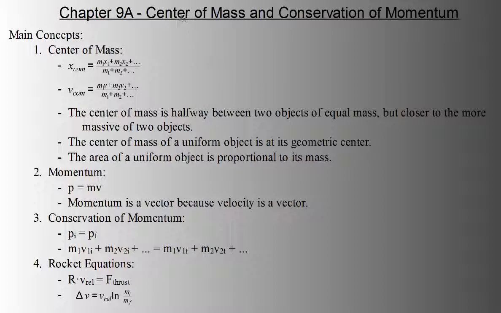9A talks about center of mass, which is really the first main concept, and conservation of momentum, which is the second and third concepts. There are also a couple of problems that you'll do from WebAssign dealing with rockets, basically variable mass problems.